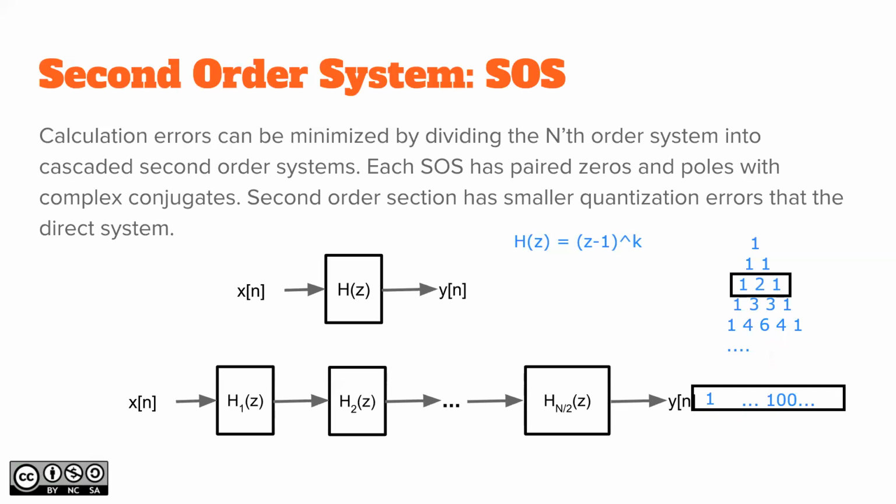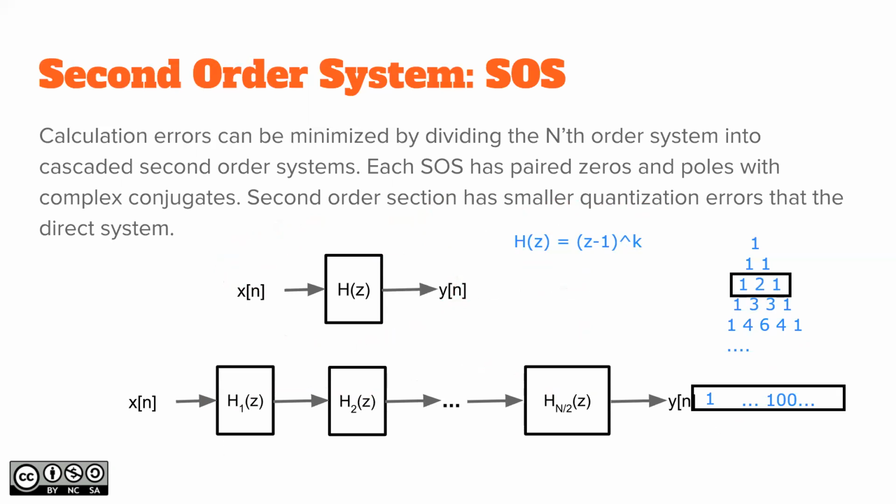So how to avoid this? Well, we can avoid this by breaking higher order systems into second order sections. Why second? Because you can then make zero-pole pairs with complex conjugates and use each of those as a separate small system in between.